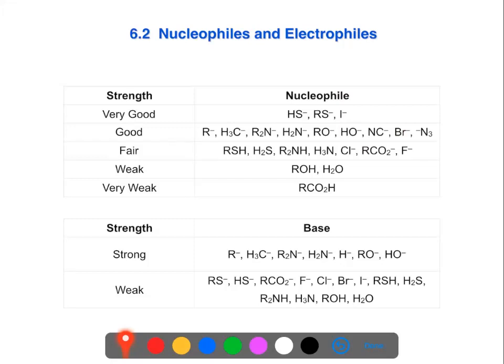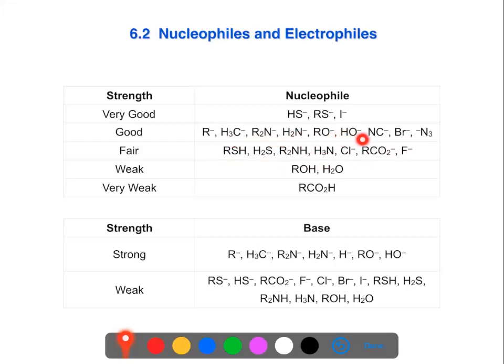But the bromide stands out as being one of the better nucleophiles associated with this group, but not a good base, okay? Because of its size and polarizability, it's one of the better nucleophiles as well. As you start to get into the neutral species, these are okay.